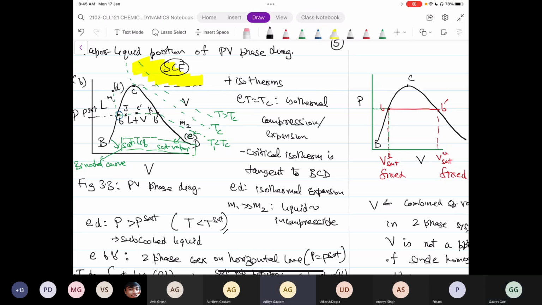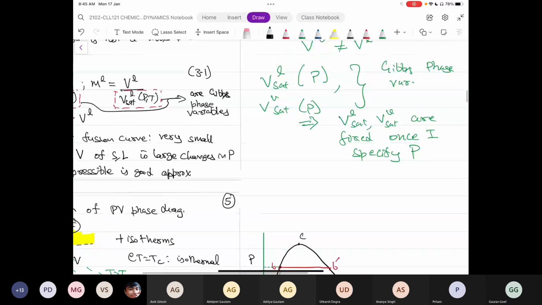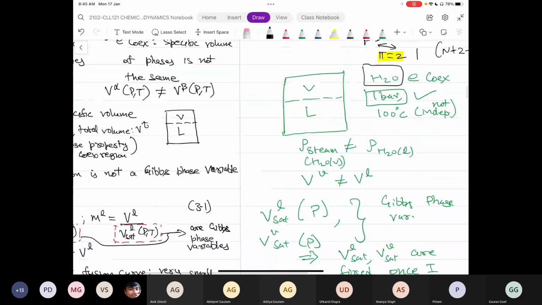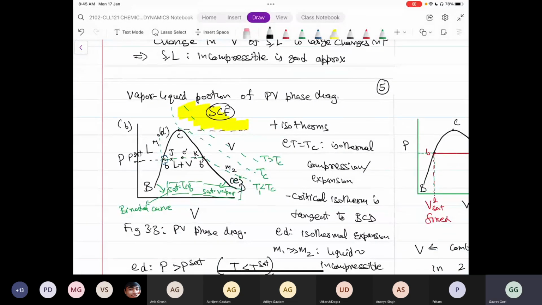Yes, sir. So, sir, saturation only means that the pressure should be Psat of the combined. Is that so? Yeah, we can say that, yes. That when I'm saying I have a system at saturation or at coexistence, all I'm saying is that, let's say the temperature is the one I'm controlling here.